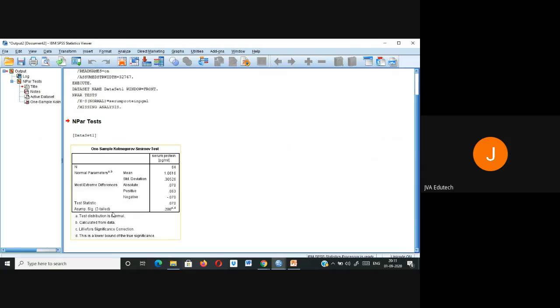So this means that test distribution is normal. Does SPSS give you the interpretation of the table? No. So how are you saying that this is the result? That's why I am asking. There is a lot of confusion over it.